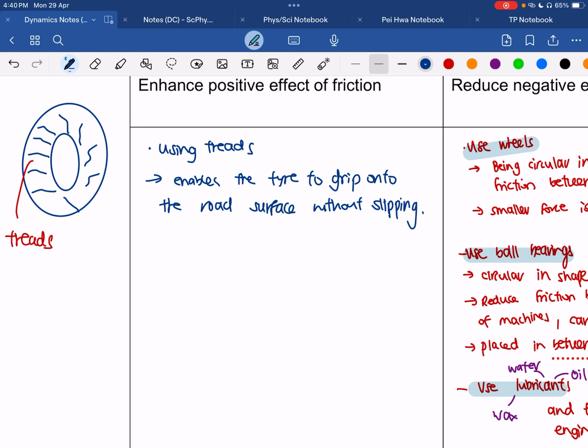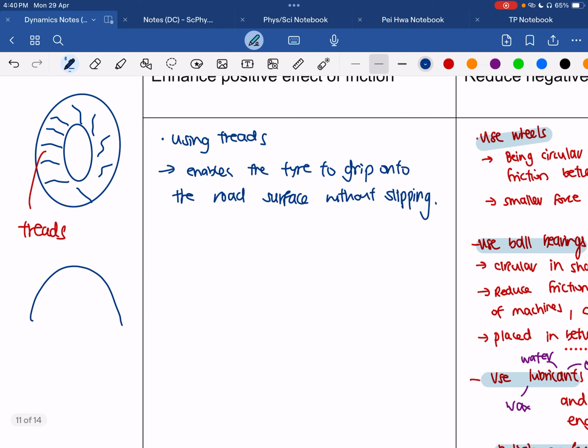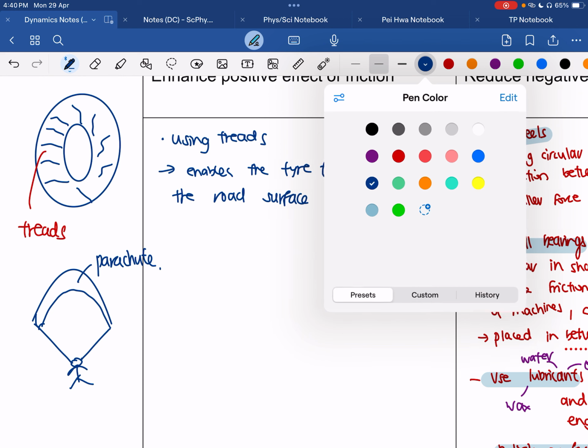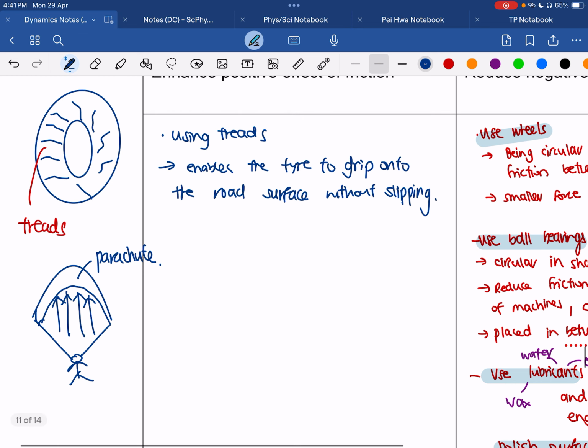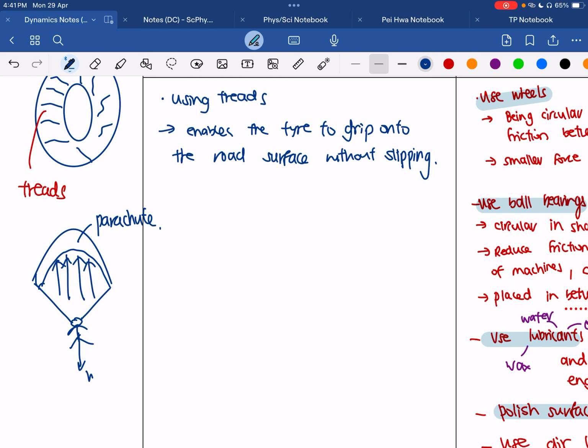Next one. Let's say during a National Day observance, you will see these people that's called a red lion, and they will jump down from the plane with this thing that's called a parachute, that looks like an umbrella. What happens is that the air resistance is able to support the weight of the parachutist, to reduce the amount of resultant force on him so that he can land safely onto the ground.